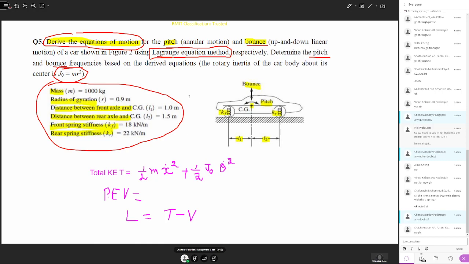So you can derive the equations of motion, and you're asked to determine the pitch and bounce frequencies, that means omega 1 and omega 2 based on these two equations.